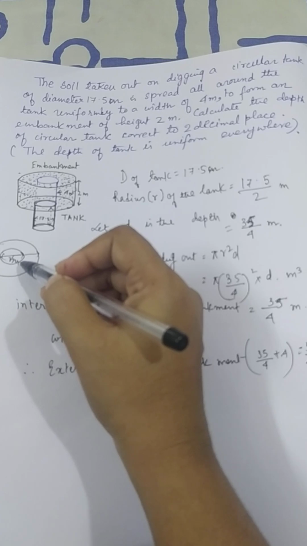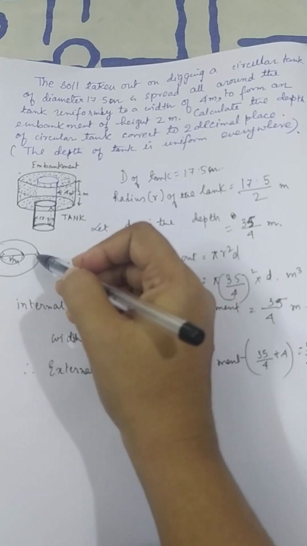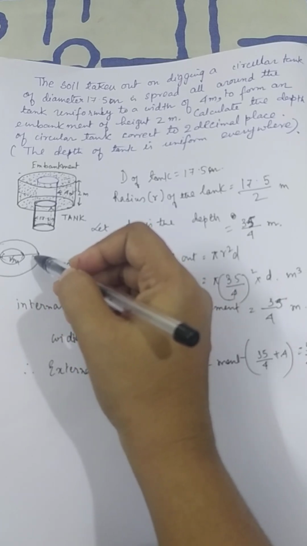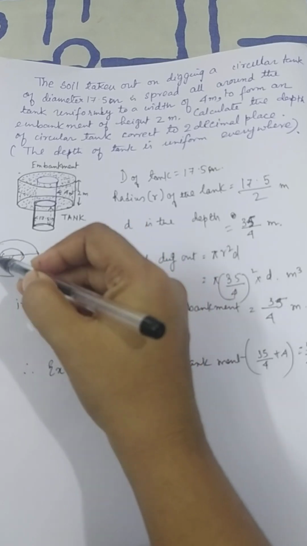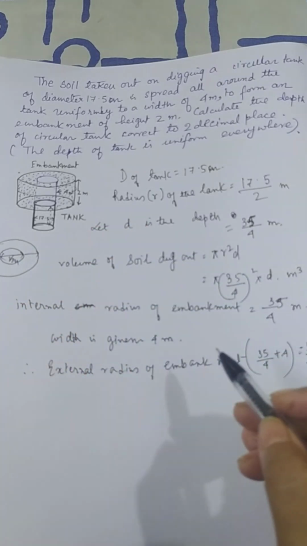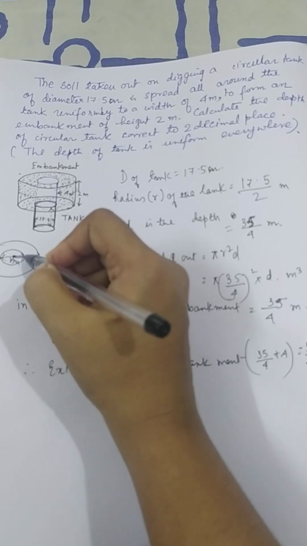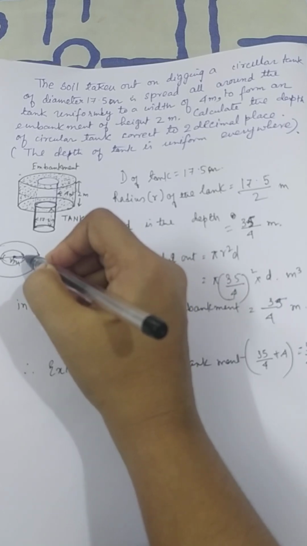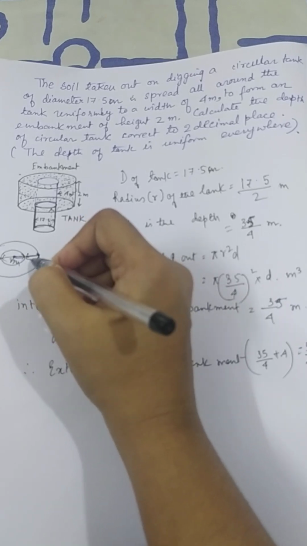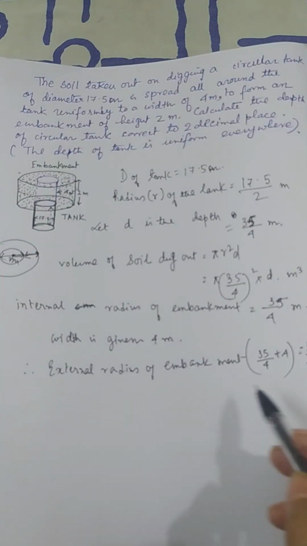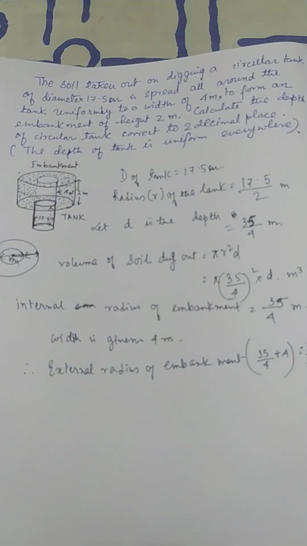So in that case, as a radius we will take half, as it is 35 by 4 plus 4. So the external radius of the embankment is 51 by 4 meter.